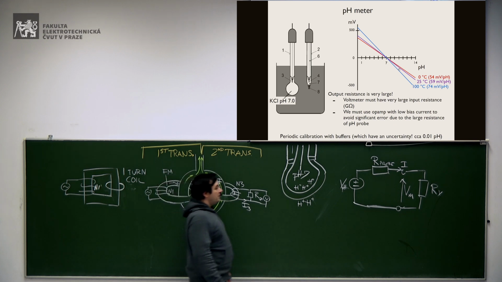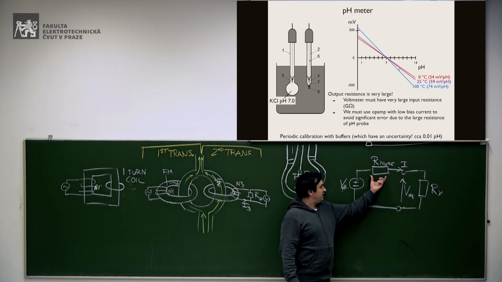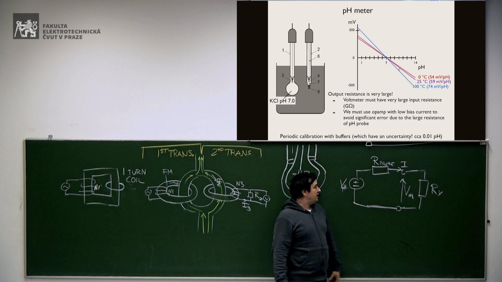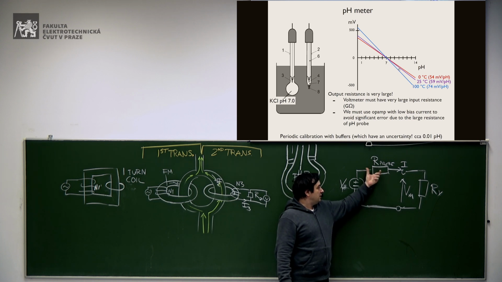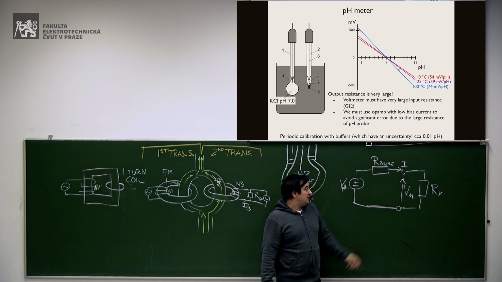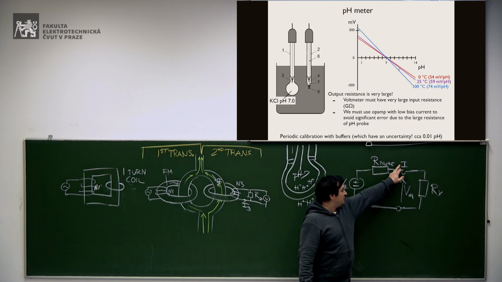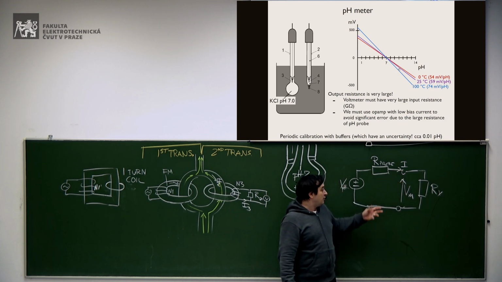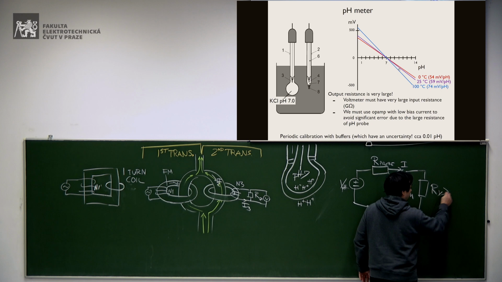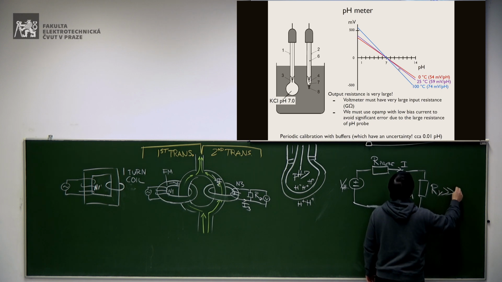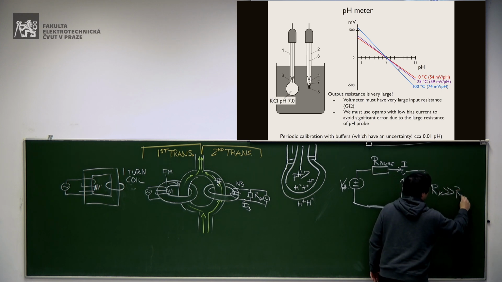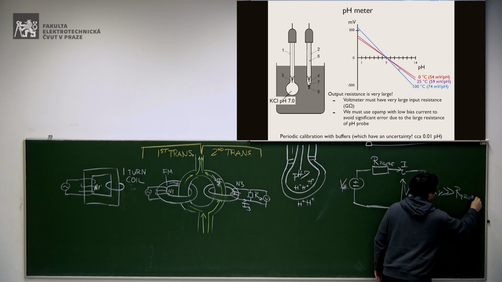How to minimize the voltage drop that we lose on this resistance? Simply limiting this current. So we have to keep this current as low as possible, which means that this must be much, much larger than the resistance of the probe, okay?